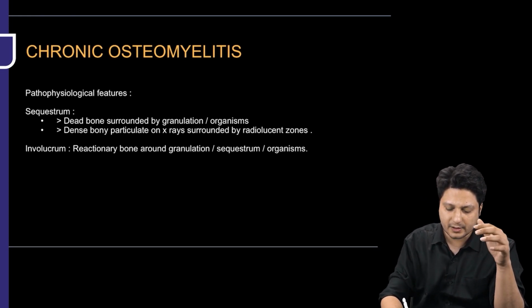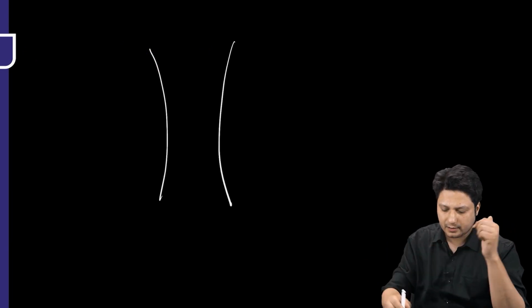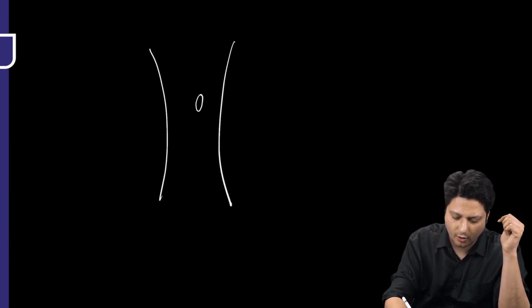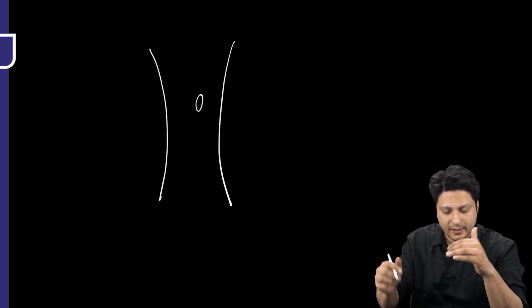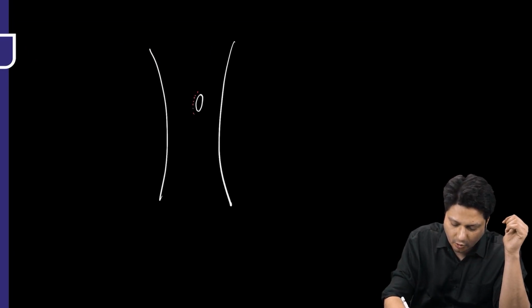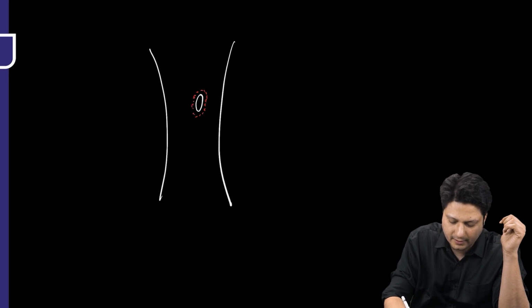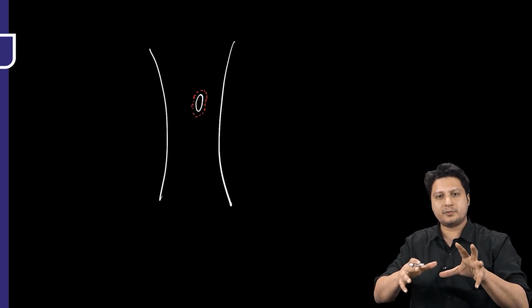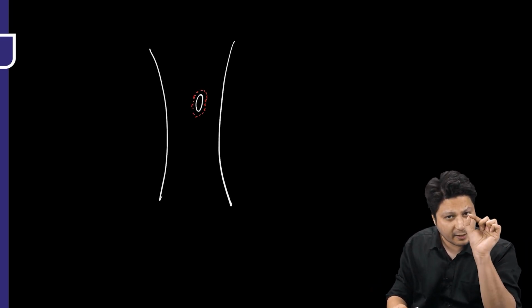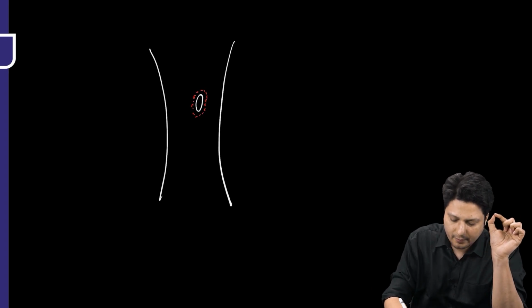Now, just imagine a child was having acute osteomyelitis which was ill-treated, so it led to the collection of some organisms which remain inside the bone. So imagine these are the organisms still present inside the bone. Now these organisms are growing around a small segment of the bone.